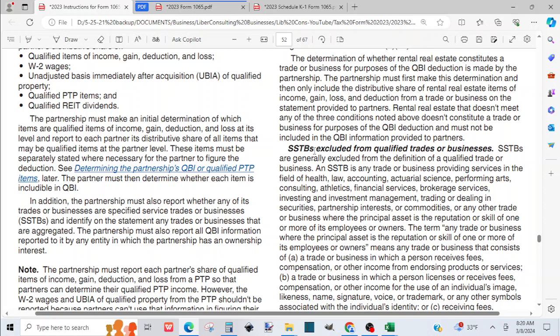So SSTB, excluded from qualified trade or business. SSTBs are generally excluded from the definition of qualified trade or business.